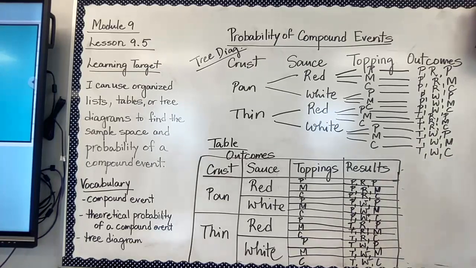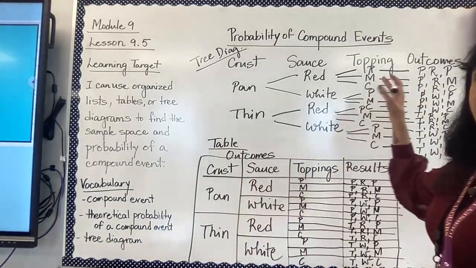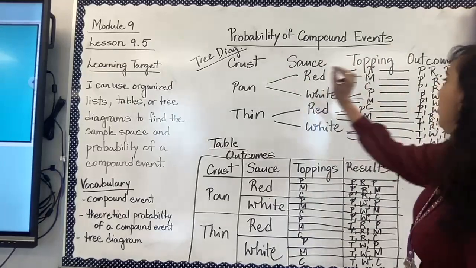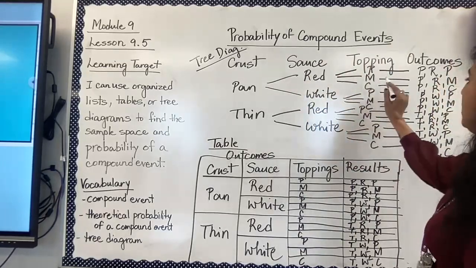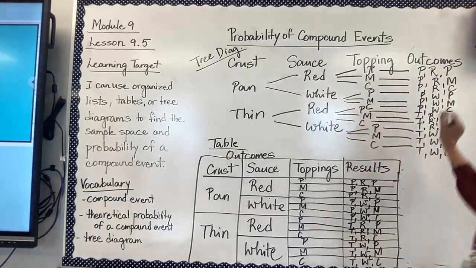So look, it looks exactly the same thing. Only this is a table, and that's a tree diagram. So that's how we are making a tree diagram.